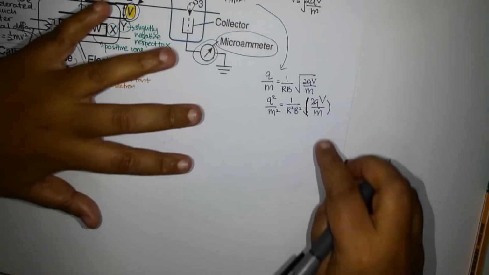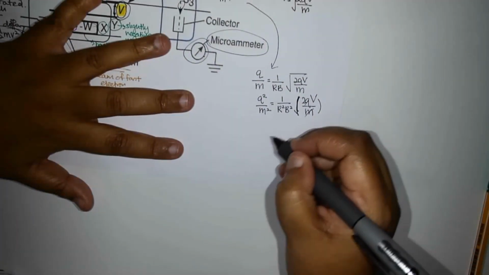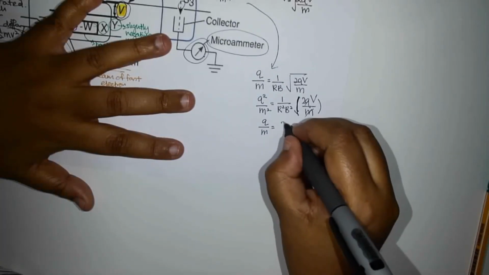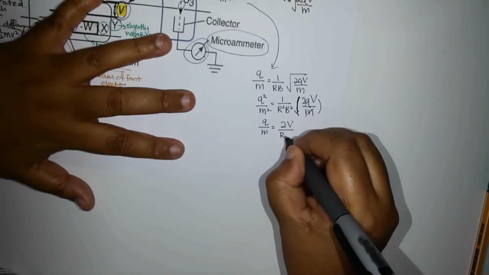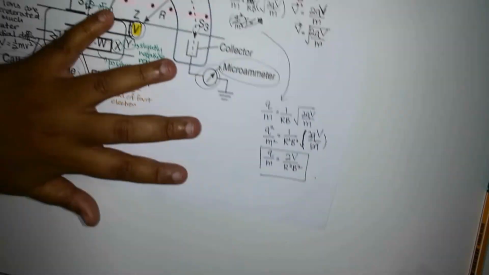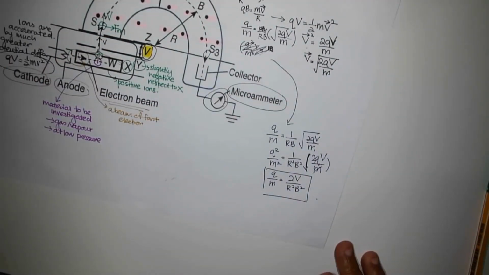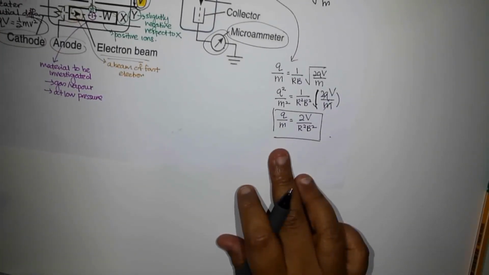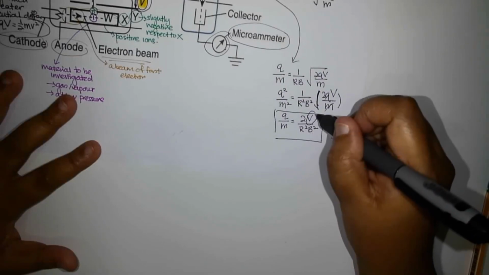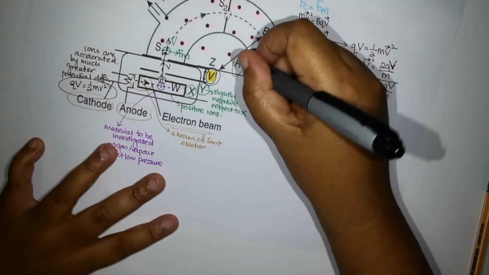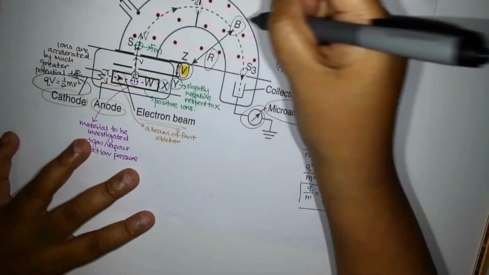Then I cancel this Q and this m. So I get Q over m equals 2V, where V is the potential difference, divided by R square times B square.